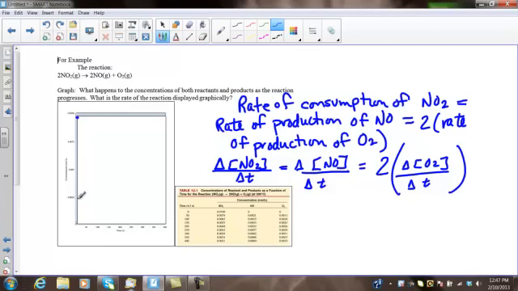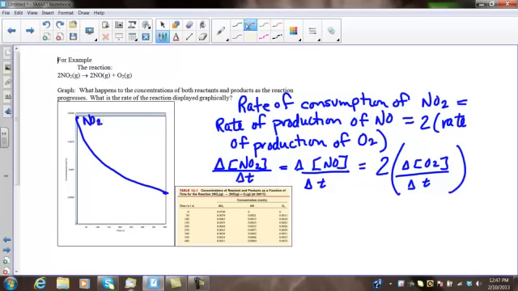Well, this is 0.0025 and this is 0.05, so I'd say it's probably going to be somewhere around in here. If I were to draw a line of that, I'd get something like this. Okay, so this is my NO2.